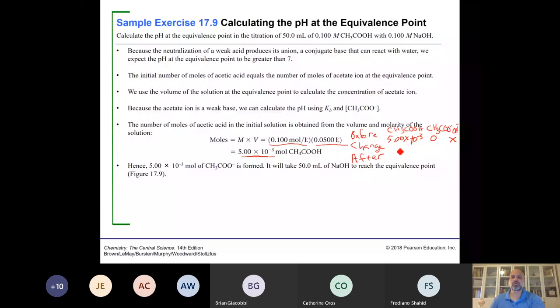We know that at the equivalence point, we are going to consume all of our acetate ion, so that we have 0 at the end. And because of that, we'll see that same increase here.